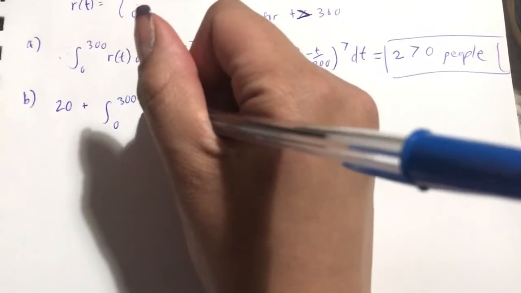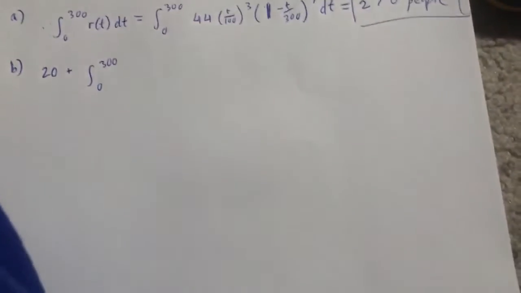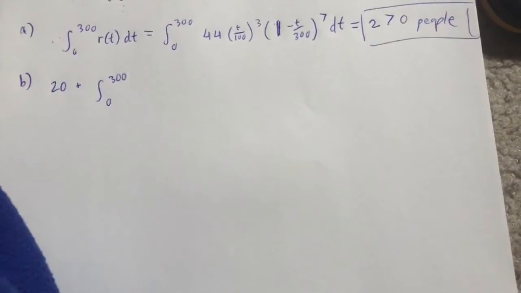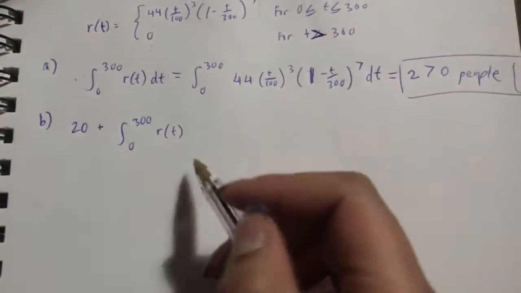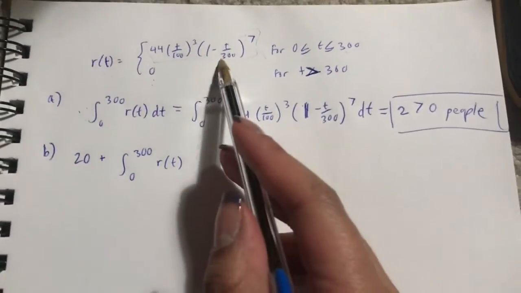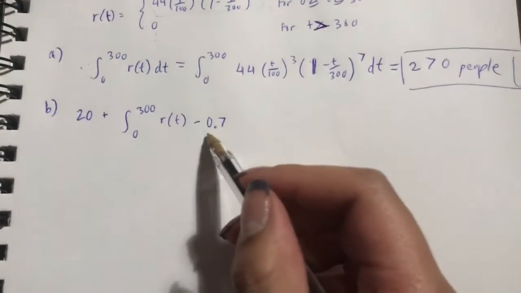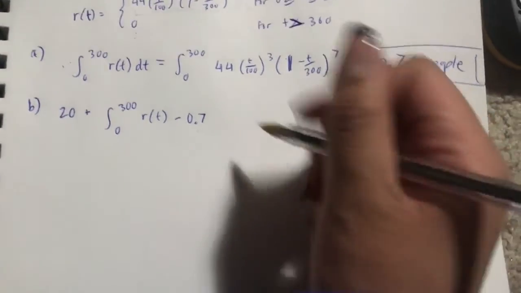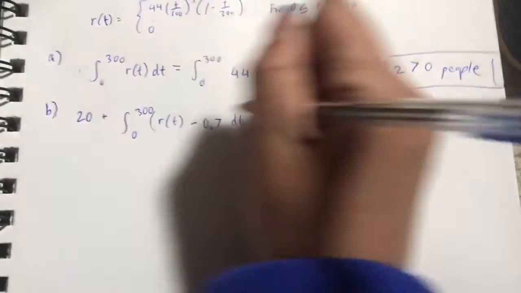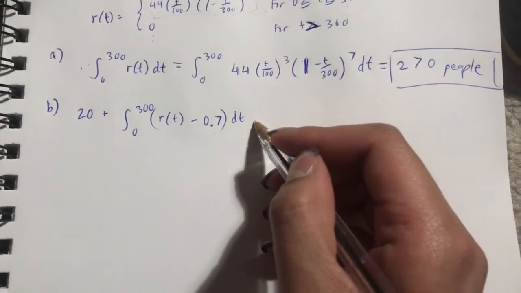We would use r of t, which is the rate at which people entered, and then we would subtract 0.7 because that's the rate at which people exited the line. Then we put dt, and then we would put this into our calculator.